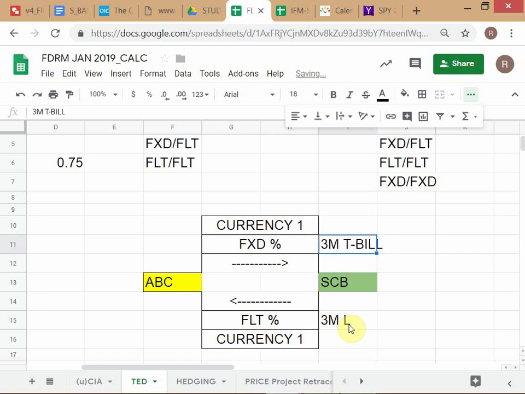So the exchange will not be equivalent. Obviously if you are going to receive the 3-month bill rate and you are going to be paying the 3-month LIBOR rate, because this rate is at a higher level, you would expect some margin below LIBOR. But then again your credit rating also matters, because it depends on what ABC's credit rating is.